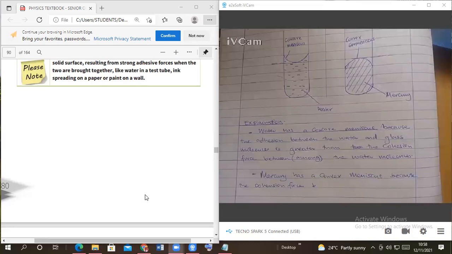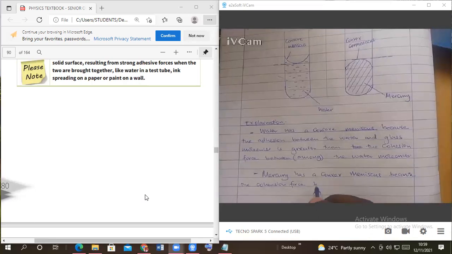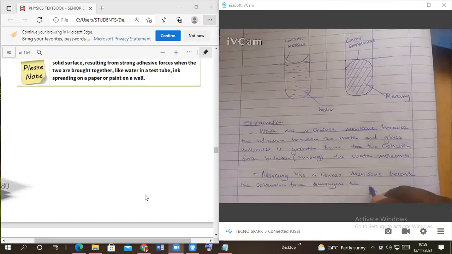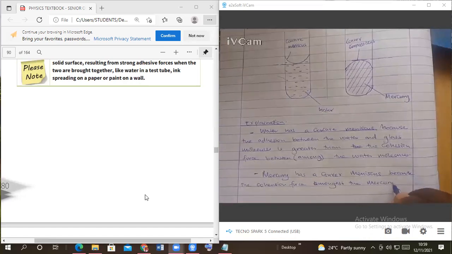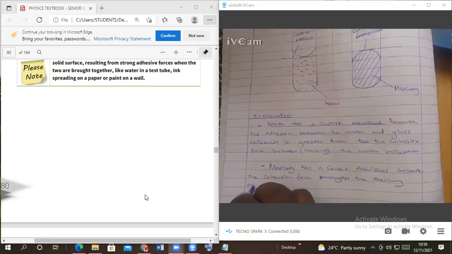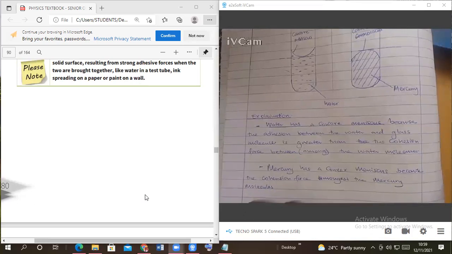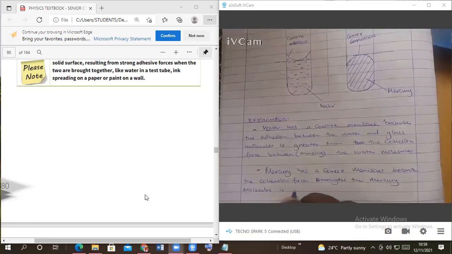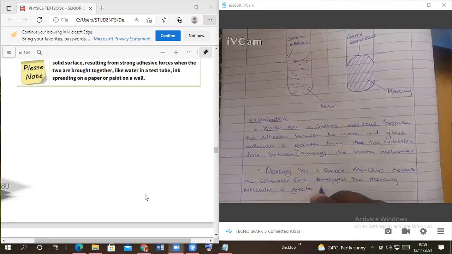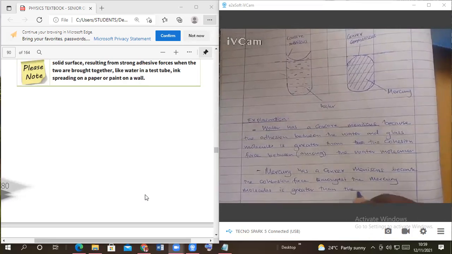cohesion forces are between molecules of the same substance. So that's why you can say that mercury has a convex meniscus, because the cohesion force amongst the mercury molecules is greater than the adhesion force between.